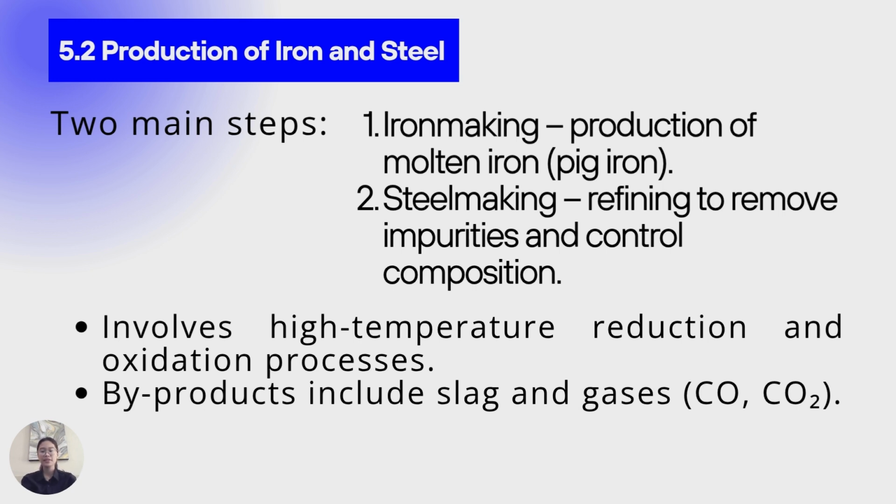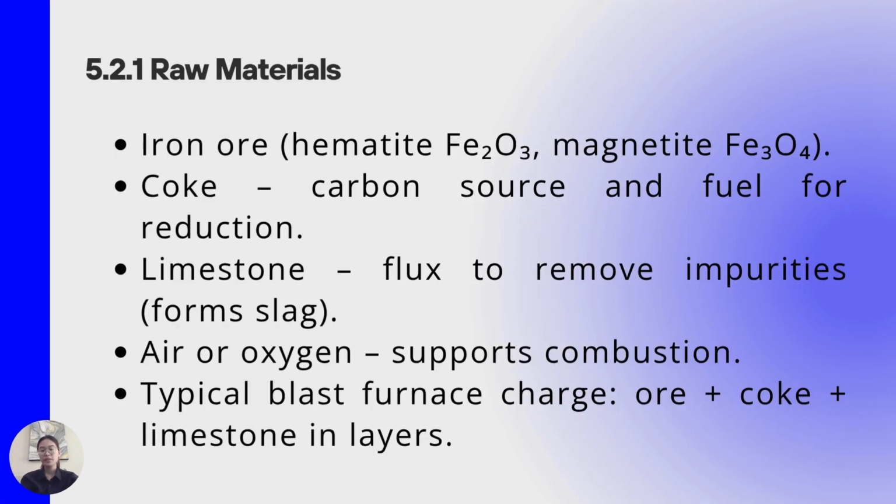To summarize, iron making extracts, while steel making refines. Together, they form a continuous and interconnected process, transforming raw materials from the earth into the building blocks of modern civilization. Now, before delving deeper into iron making, let's talk about the essential raw materials.